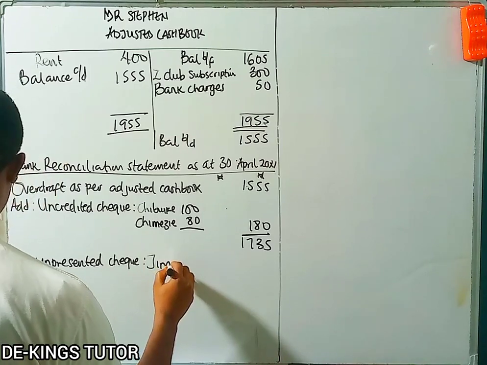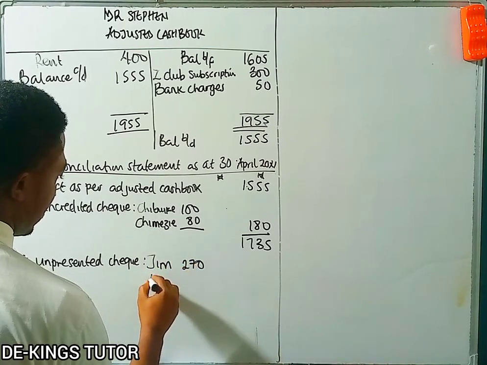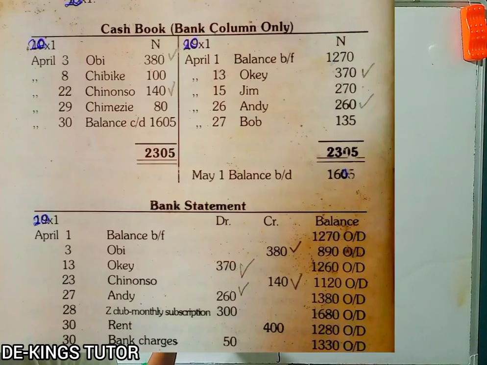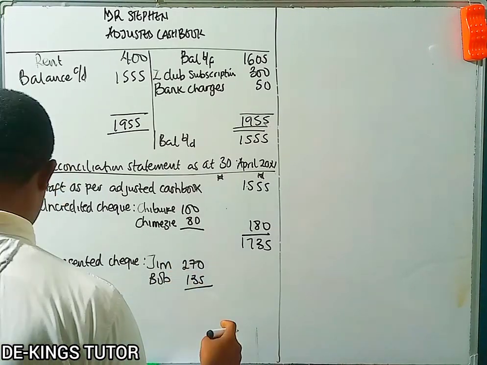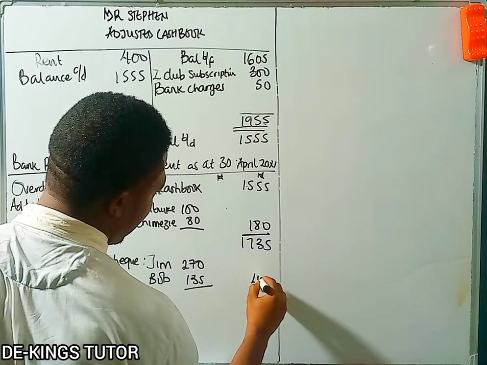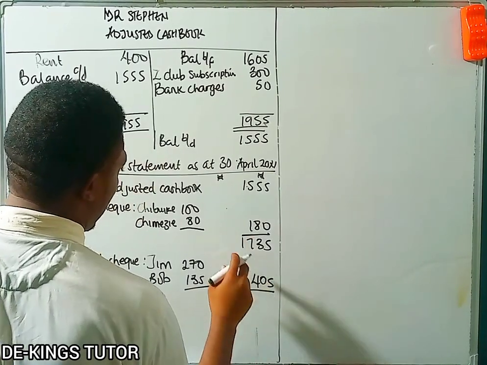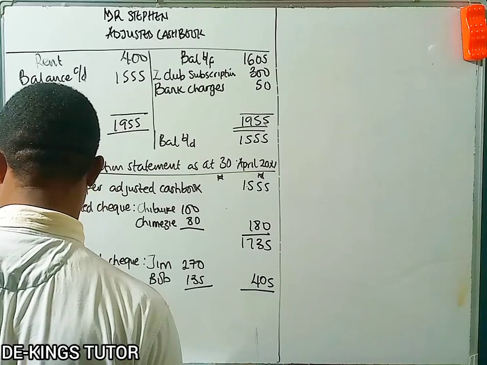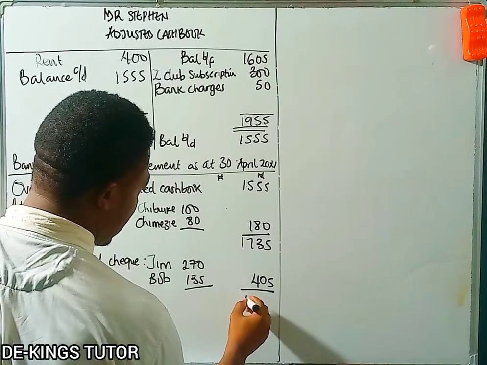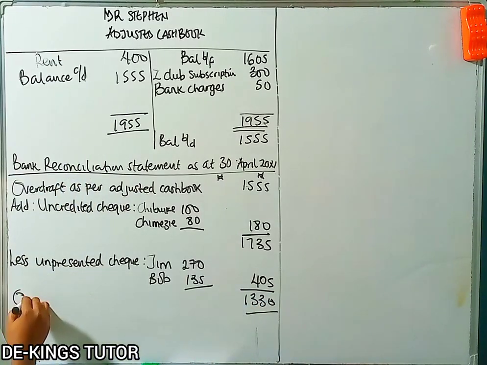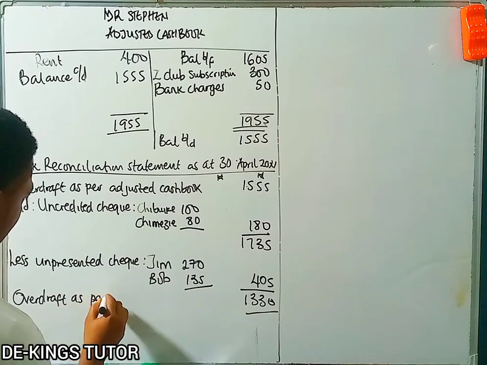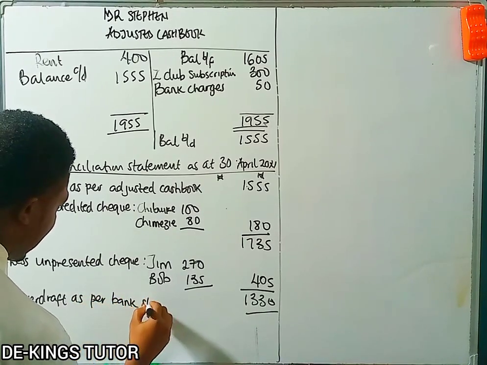Jim is 270, while Bob is 135. So 270 plus 135 will give us 405. So 1735 minus 405 will give us 1330. So 1330 becomes overdraft as per bank statement.